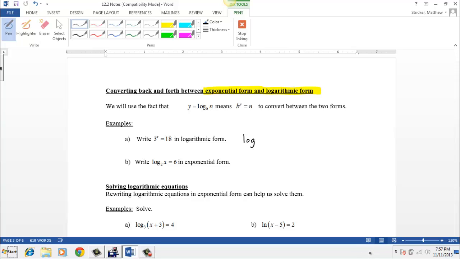We know it has to have the same base. So this is obviously base 3. So we know that our little subscript here is going to be a 3. And remember, the other side, the log always gives the power. And in this case, the power, or the exponent, is x. So the x has to go over there. And then the argument is 18.